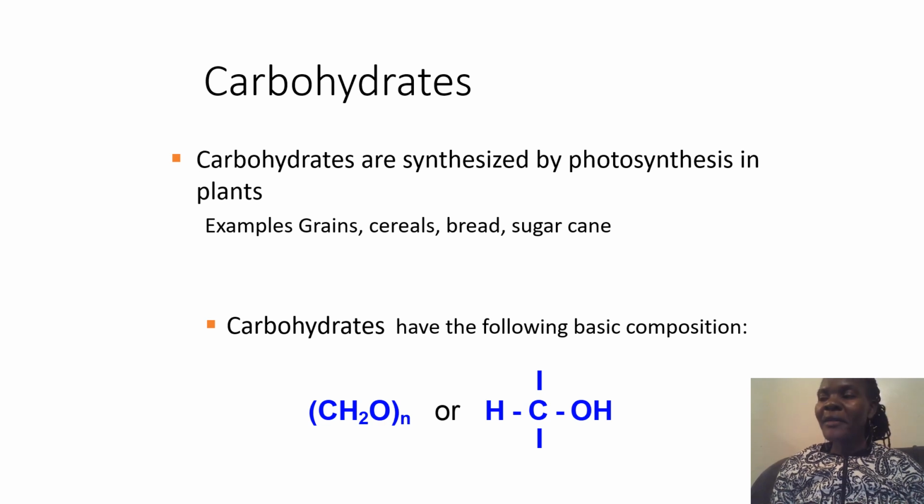So carbohydrates are synthesized by photosynthesis in plants, and the best examples of the carbohydrates which we know are grains, cereal, bread, sugarcane, name it. There are many examples. They have a composition of carbon, hydrogen, and oxygen.